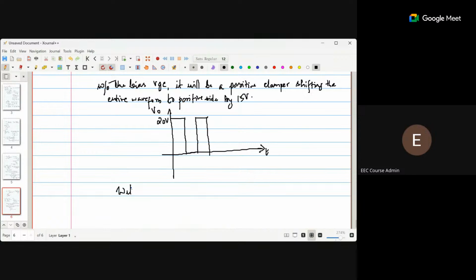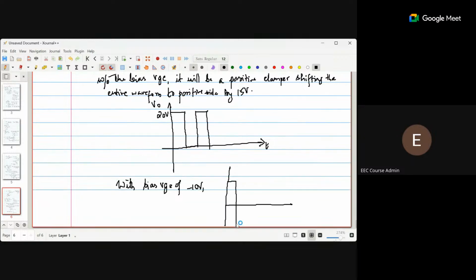Now with bias voltage of minus 10 volts, what will happen? It will shift down by 10. So our max will be at 10. Yes.